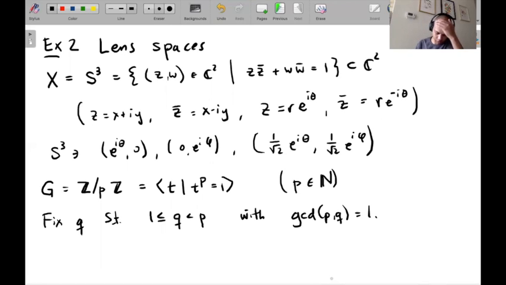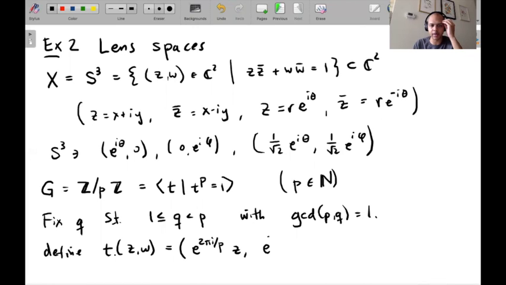And now we'll define the way t acts on (z, w). It's defined like this: we multiply z by e^{2 pi i / p}, and we multiply w by e^{2 pi i q / p}.